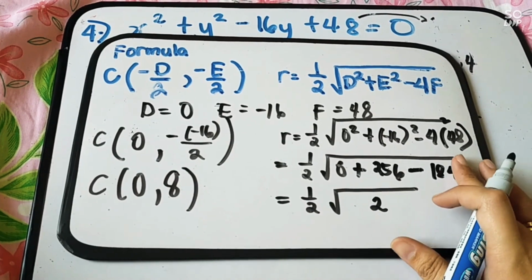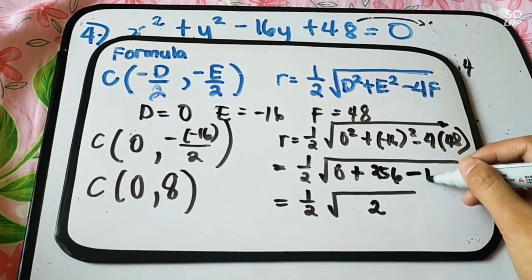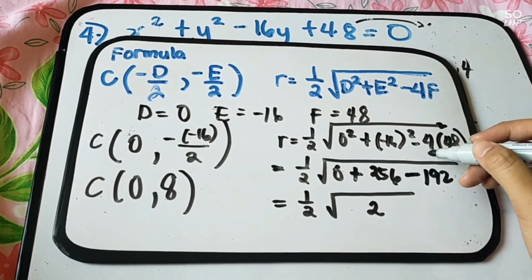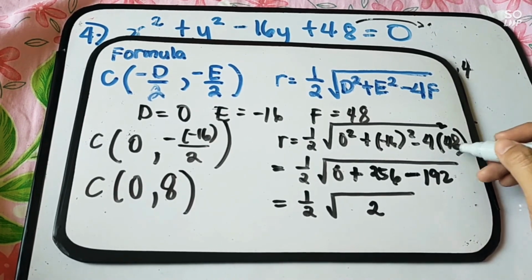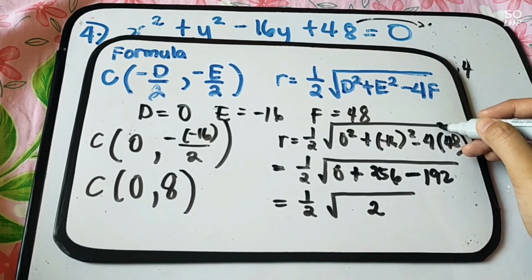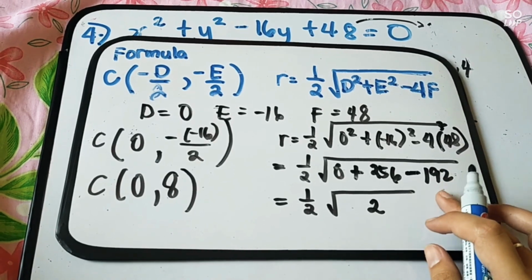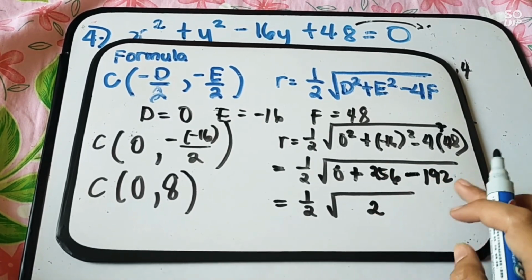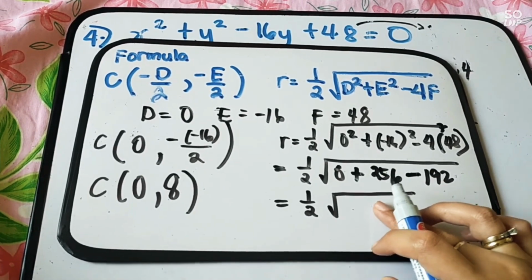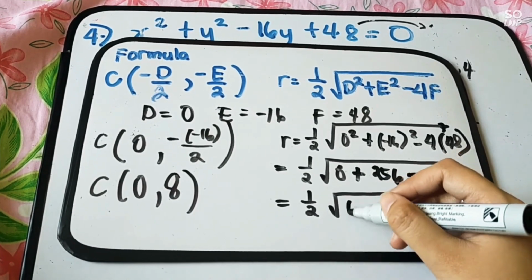Sorry, this one should be 192, because 4 times 8, we have here 32, carry 3. Okay, 192. So, 256 minus 192, the answer is 64.